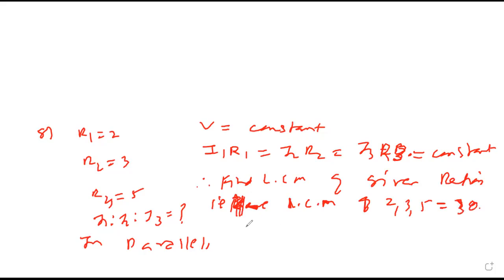So the other ratio should be such that the product becomes 30. 2 into what will make it 30? 15. 3 into what will make it 30? 10. 5 into what will make it 30? 6. So our ratio is 15 is to 10 is to 6. This is the answer. Option 15 is to 10 is to 6. So whenever the product comes the same, always remember, one ratio is given, find its LCM, then the second will be such that the product is LCM.